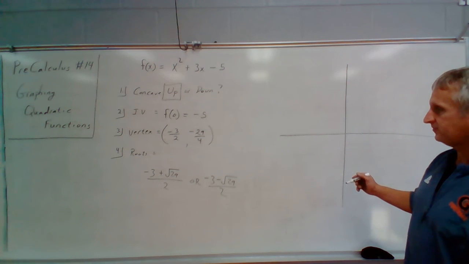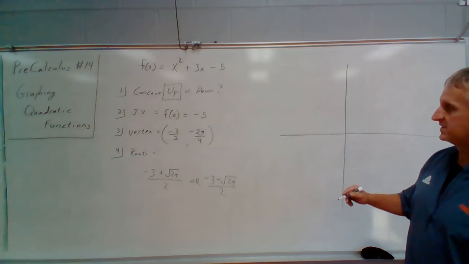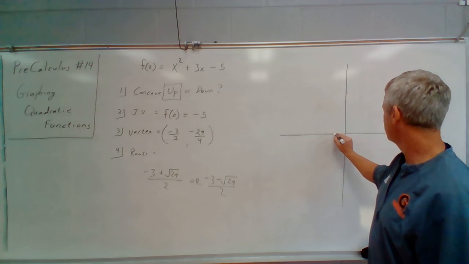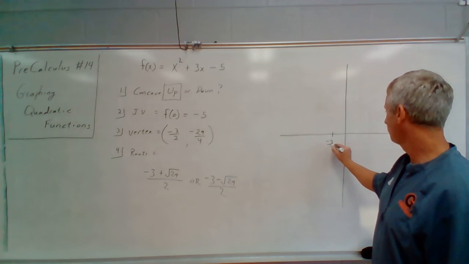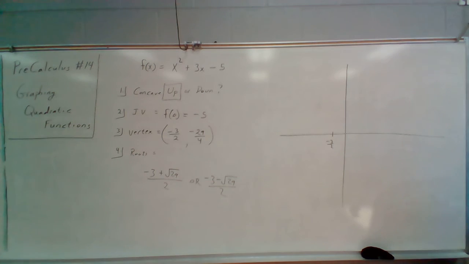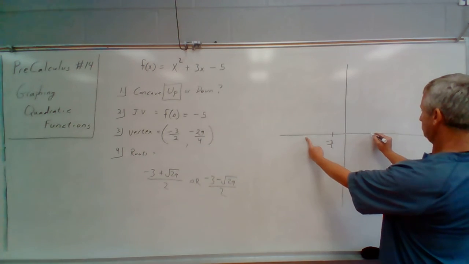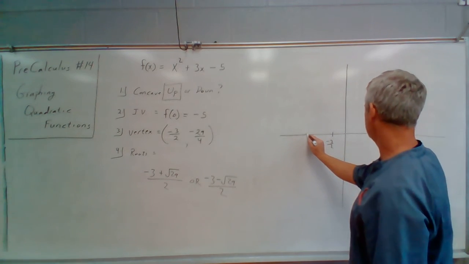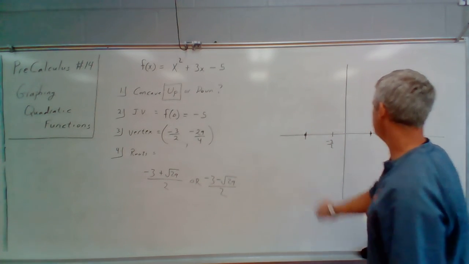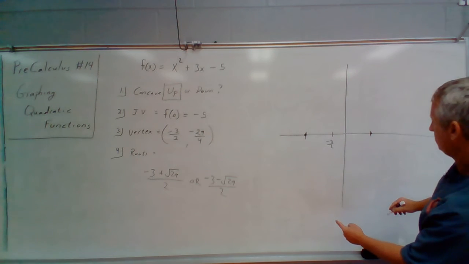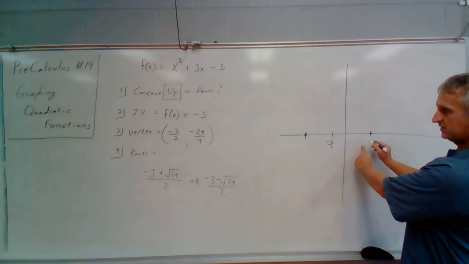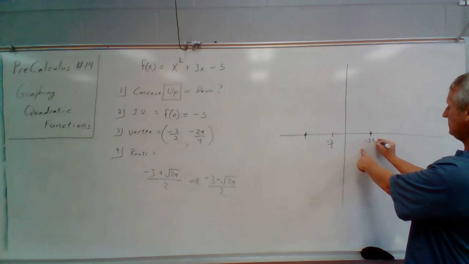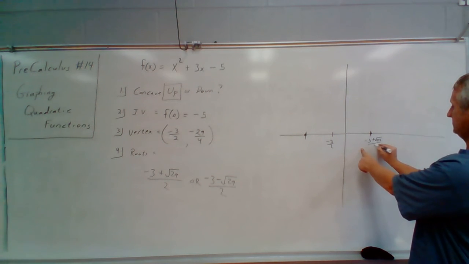And my vertex is at negative 3 over 2. So that's about right here. The x-coordinate of the vertex is negative 3 over 2. So my roots, let's put 1 here, and an equal distance out here, 1 there. This root would be negative 3 plus the square root of 29 over 2.